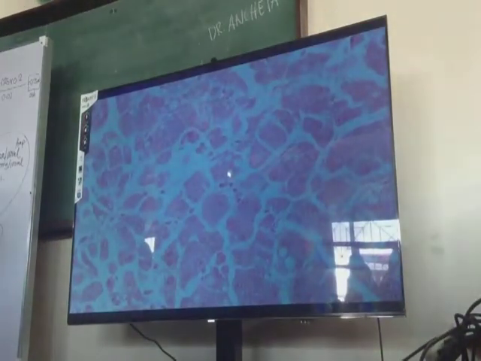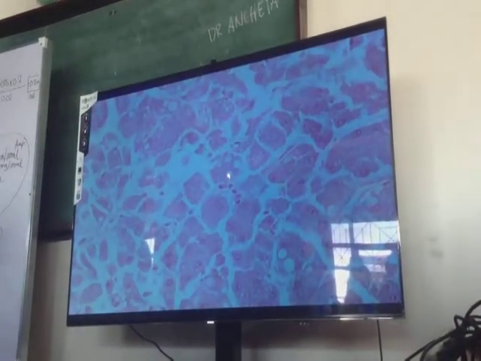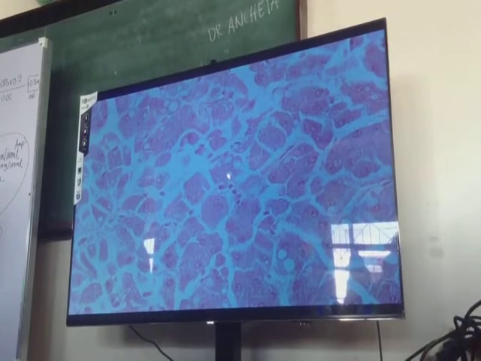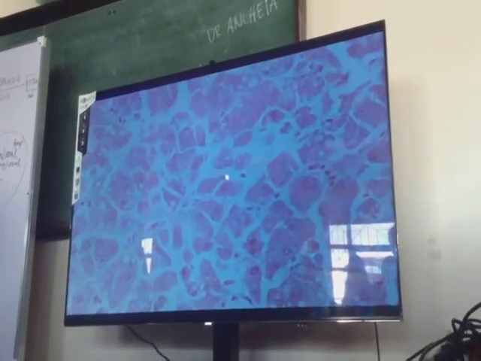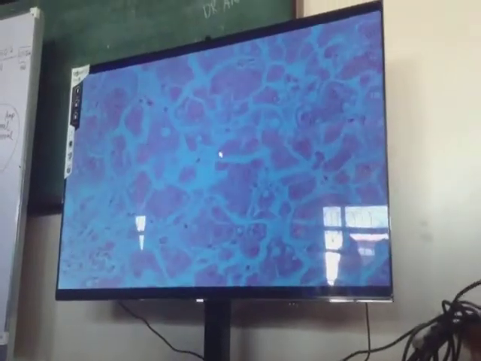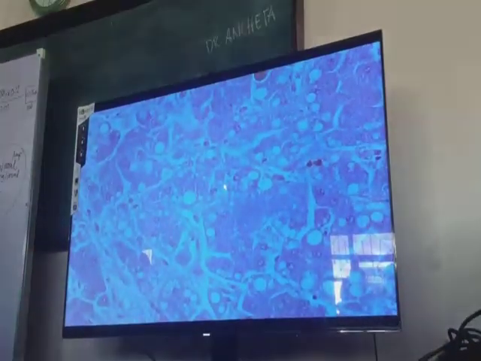How will we be able to know that a tissue is necrotic already? Loss of nuclei or absence of nuclei. Ay, puro may nuclei ang mga cells dito, oh.